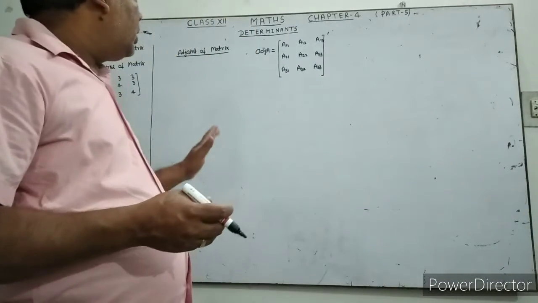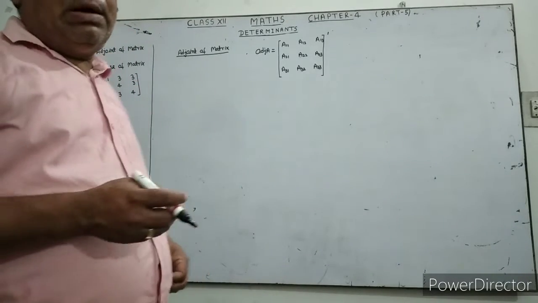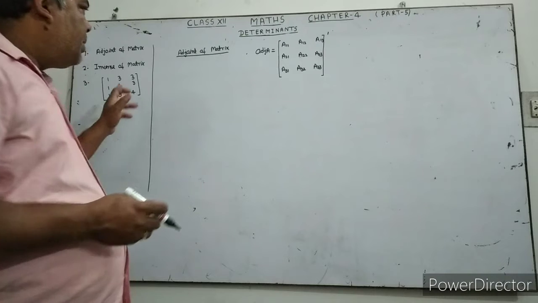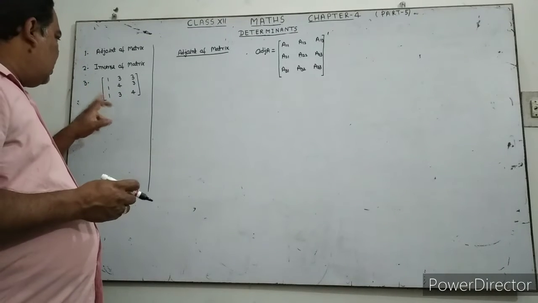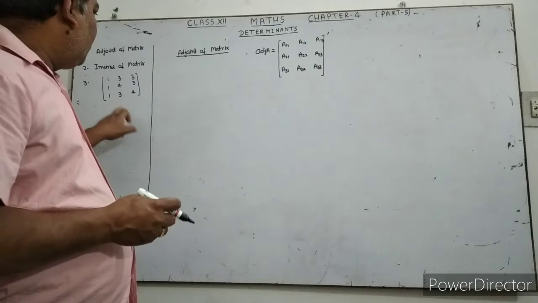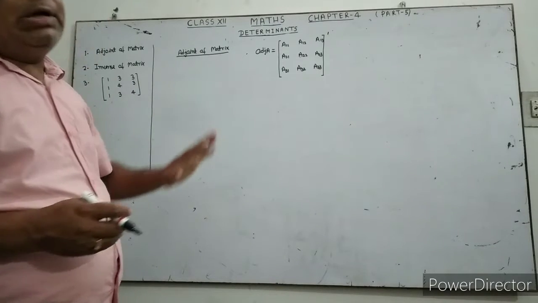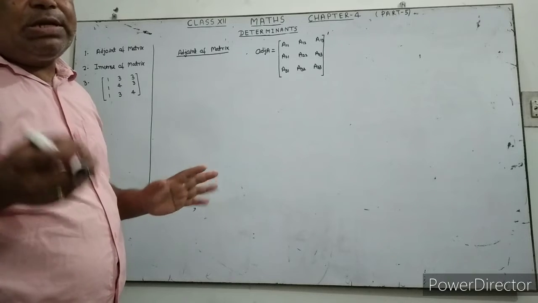Now suppose we discuss an example, and with the help of this example we evaluate the value of adjoint A. What is the process?